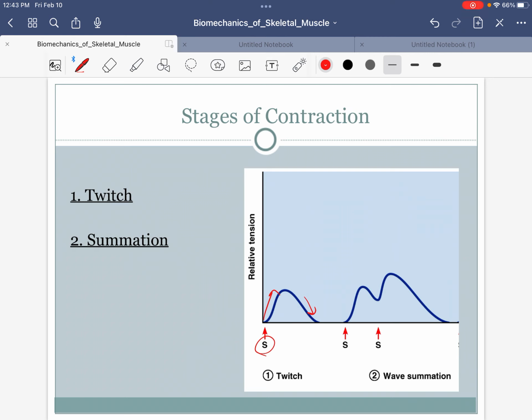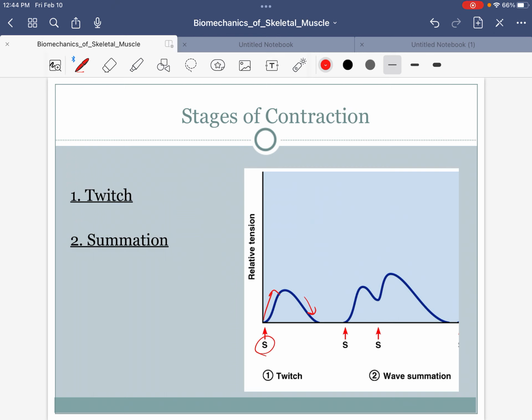We rely on twitches to help contract the muscles to close our eyeball if there's a speck of dust coming into it. But most of our actions, even if it's just writing, the muscles in our hand used to write, or the muscles in our legs used to help us walk, or a physical activity or sport, require more than a twitch.